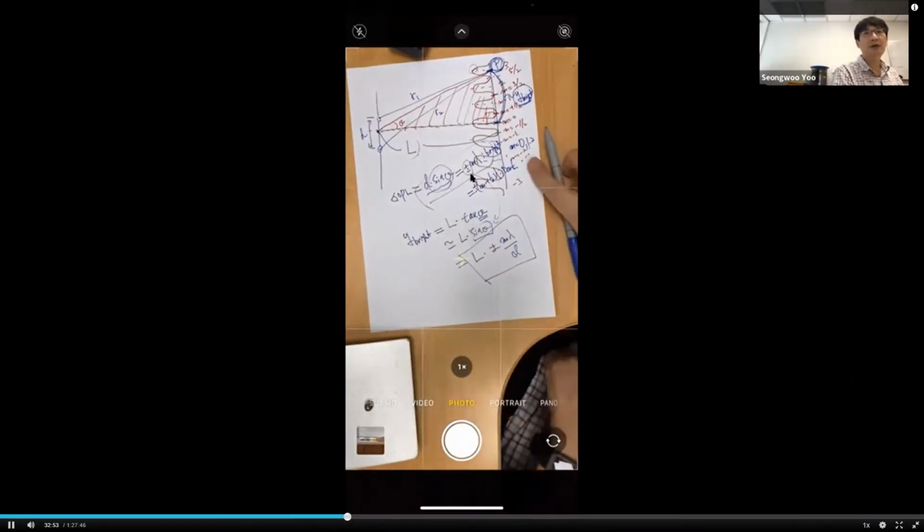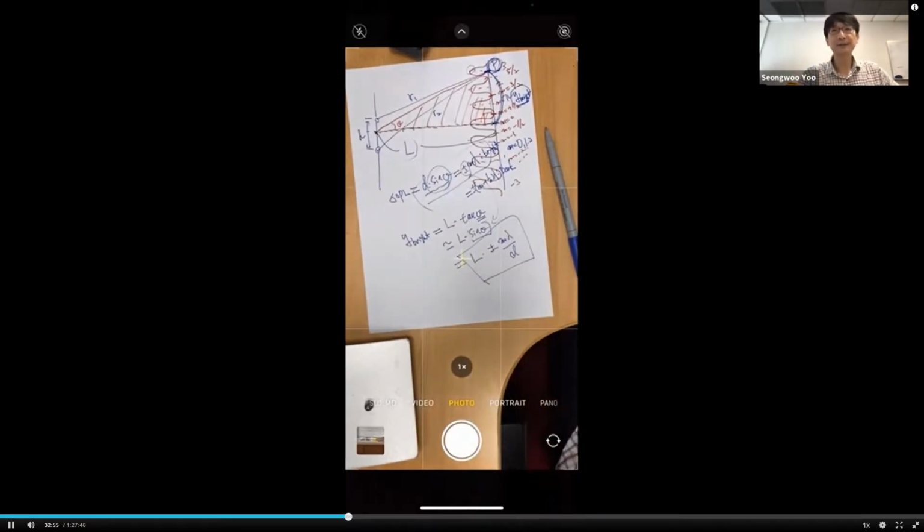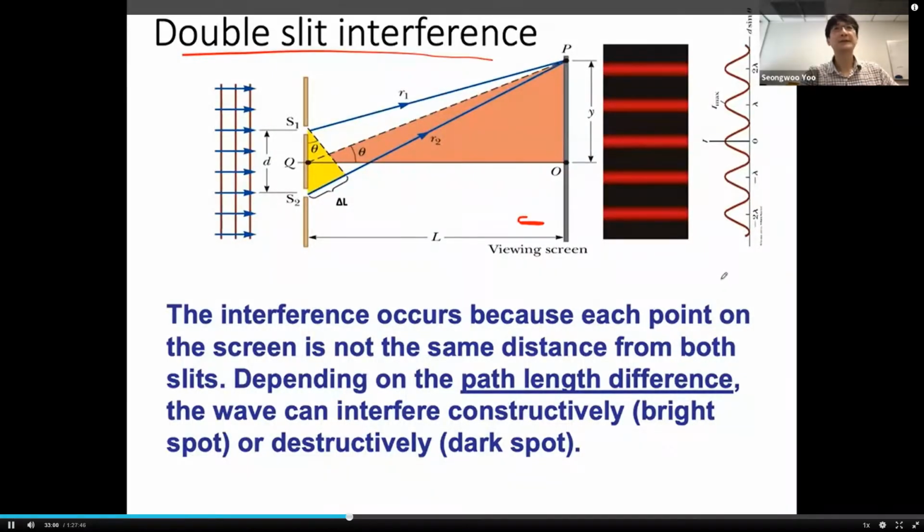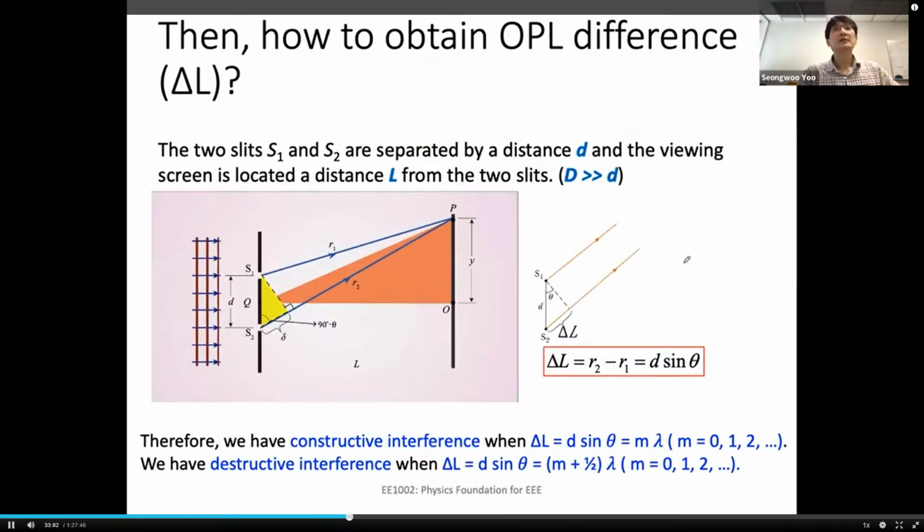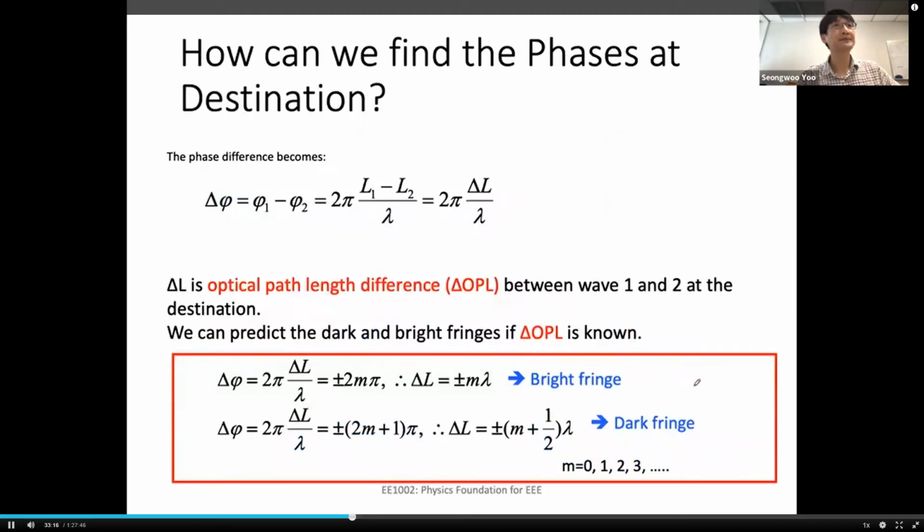All right. Now let me go back to the lecture note. So I just explained that our optical path length difference is defined as d sine theta, and the actual derivation of this optical path length difference is given in the last video. So please go and watch the video. And whenever the optical path length difference amounts to an integer number of wavelengths, we will have the bright fringe.